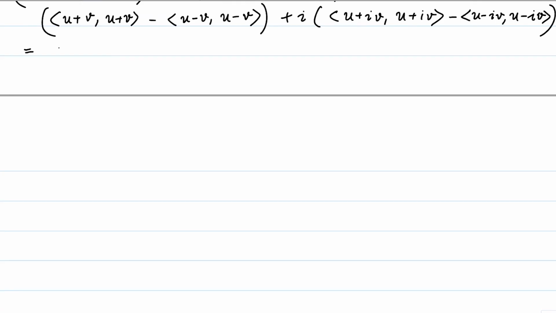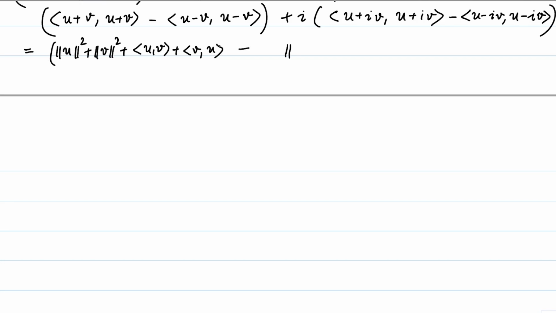I'll be a little quick here, so I'll just write it down. The first term will be length of u the whole square plus length of v the whole square plus inner product of u comma v plus inner product of v comma u. That is the first term, minus what will be the second term?